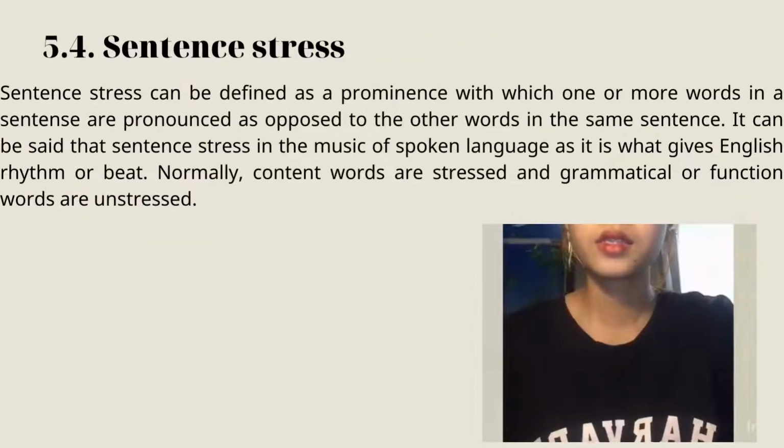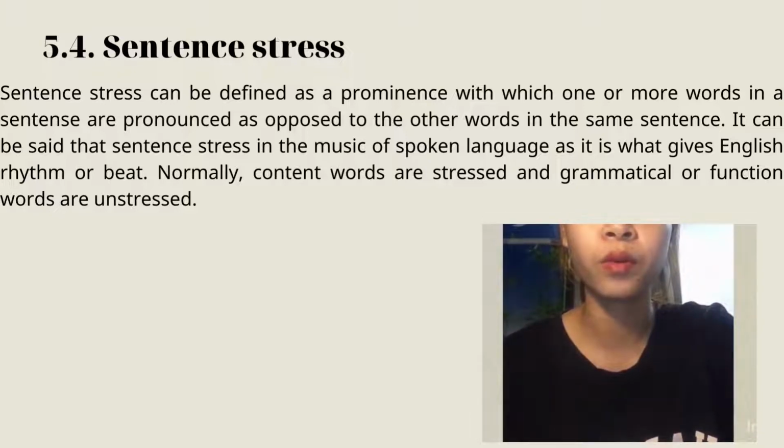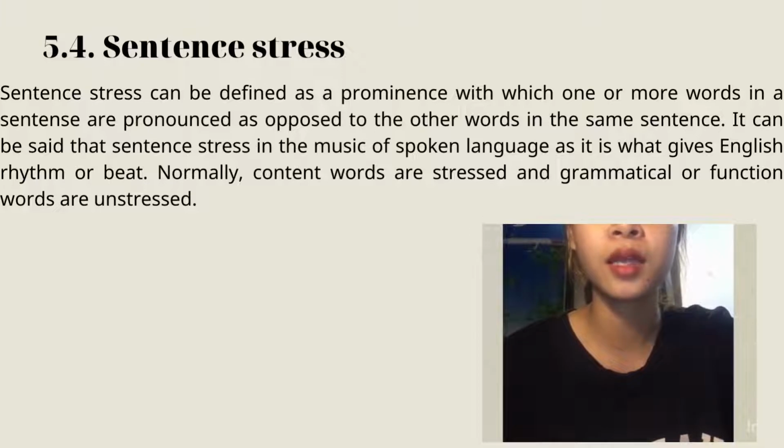graduation. Sentence stress can be defined as a prominence where one or more words in a sentence are pronounced as opposed to other words in the same sentence. It can be said that sentence stress, like in music, is what gives spoken English rhythm or beat.